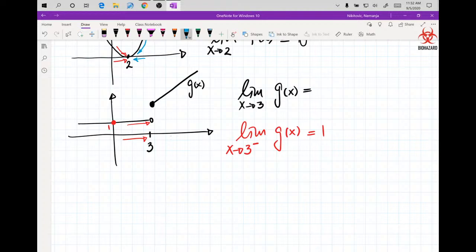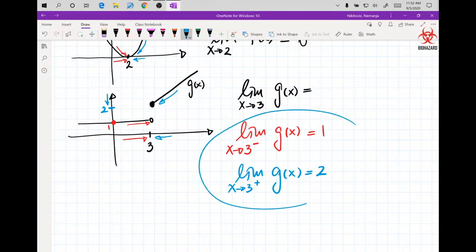And now you have the approach from the right, which is limit as x goes to 3 plus of g of x, and let's say that gives us a 2, because you can see that we are falling down into 2. So when you look at these, they have a different value, right?